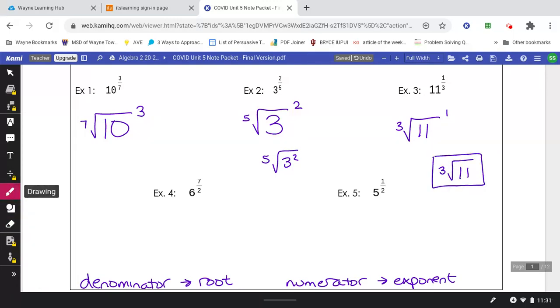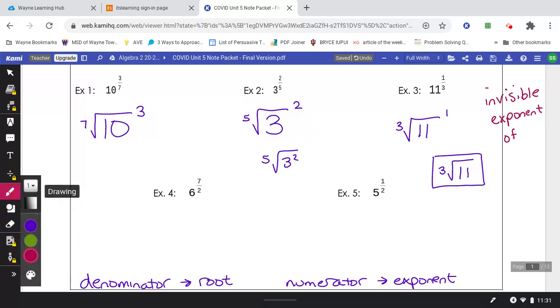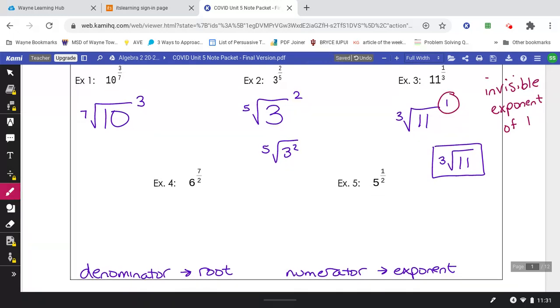The 1 is an exponent, it is invisible. So let me write a little note: invisible exponent of 1. So this 1 right there is often not written.